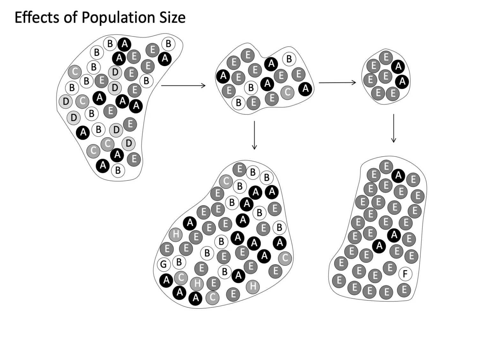Here is a conceptual diagram of this. So if you start with a population where you have different proportions of different alleles, different genes, and that population shrinks, then you'll have a smaller number of alleles or genes to choose from.